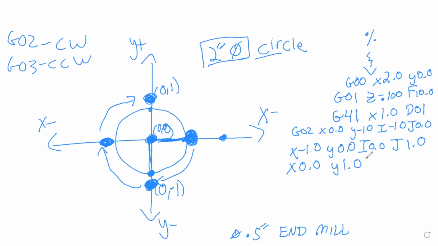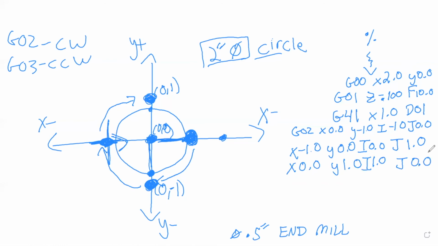And we need to get I and J values. Well, for the I, we reset 0 here for incremental movement. And we're moving to our swing point this way. So that is a positive 1.0. And there is no movement on the Y-axis. So this is 0.0.